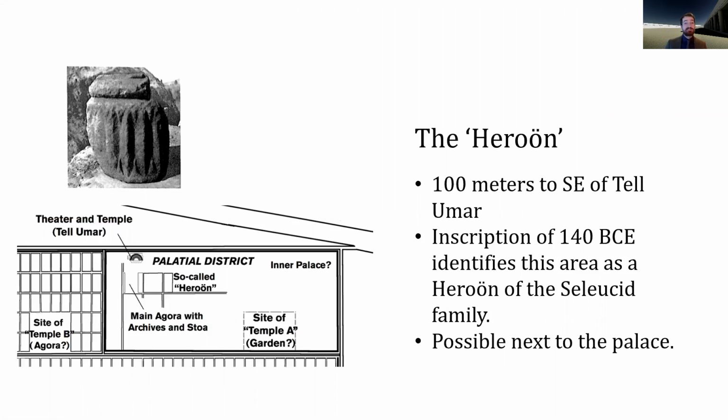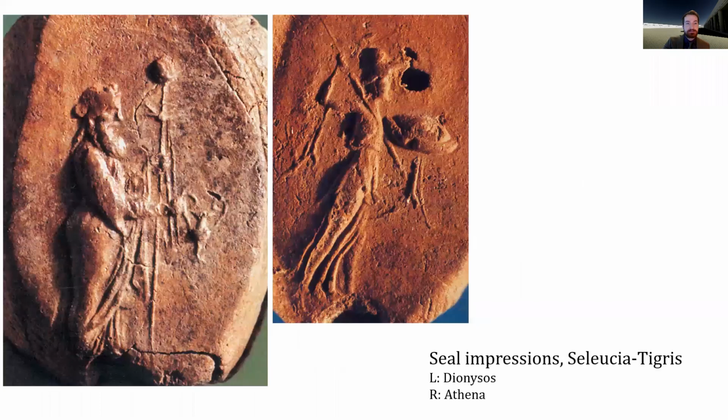And it could have been connected to the palace. We just don't know. There hasn't been enough archaeological investigation here to tell for sure. So again, one of those important parts of the Greekness is creating that shrine to the ancestors, that shrine to the important people that are associated with the city.